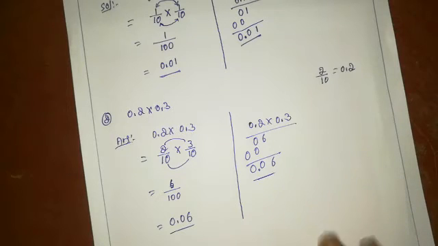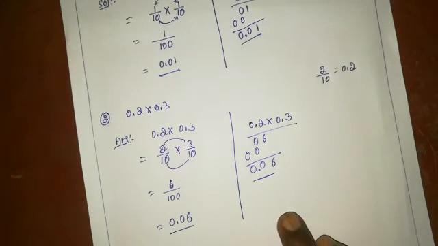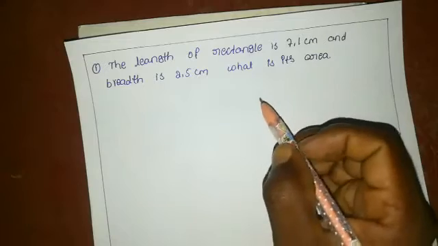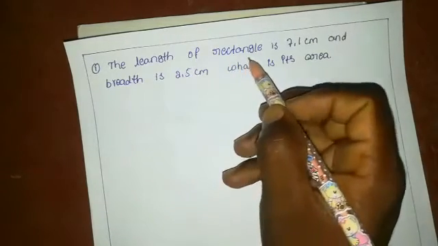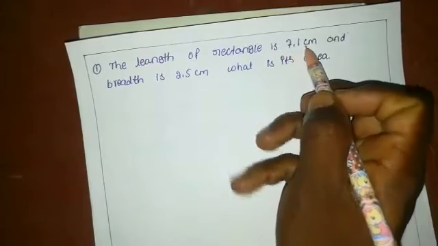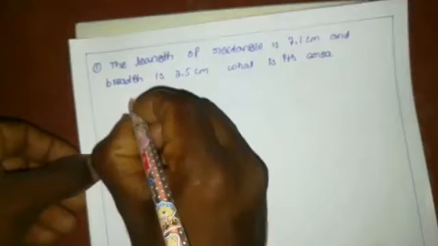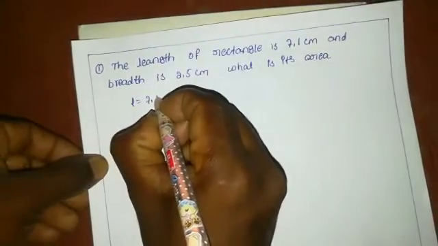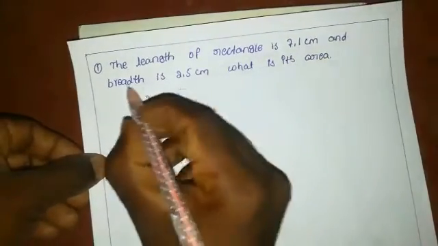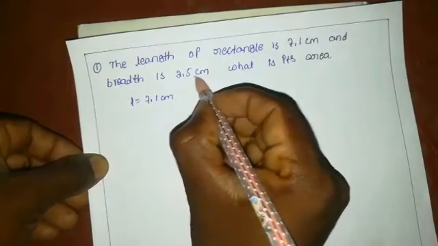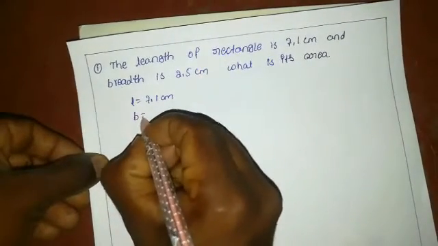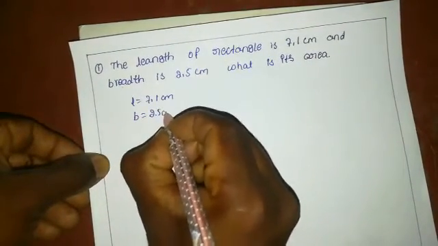Thus we multiply two decimals, a decimal by a decimal. Now let's see one more example. The length of a rectangle is 7.1 centimeter and the breadth is 2.5 centimeter.